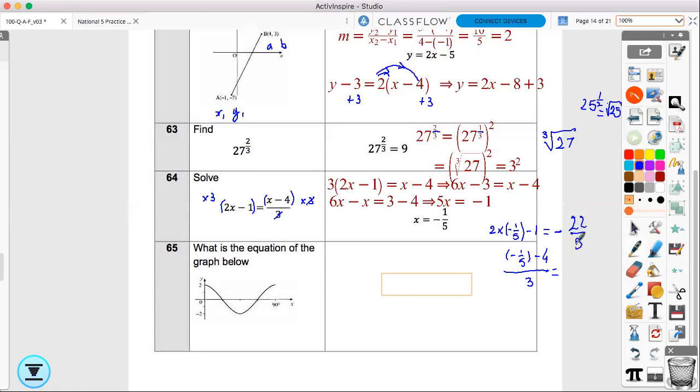Now do the same on the other side. So I'm going to start with a fraction, open bracket, minus 1, minus a fraction. So minus 1 over 5, close bracket, minus 4. The whole thing divided by 3.